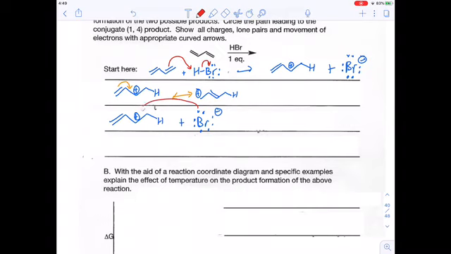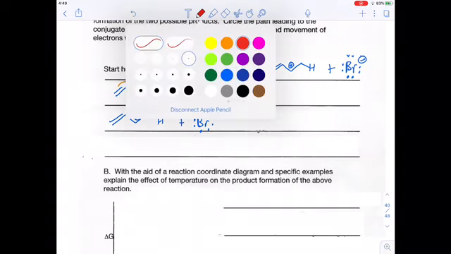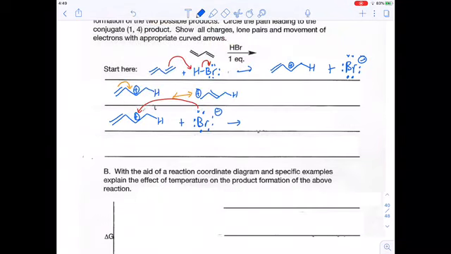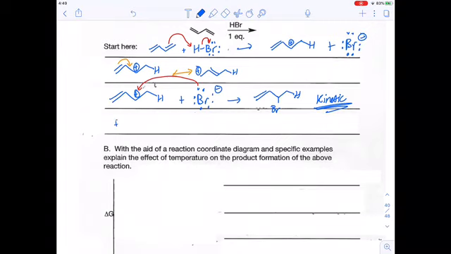So starting with this one and adding the Br. The Br is going to come and attach where the carbocation is. And this is going to give you the more highly substituted halogen. So this is going to be the kinetic product.